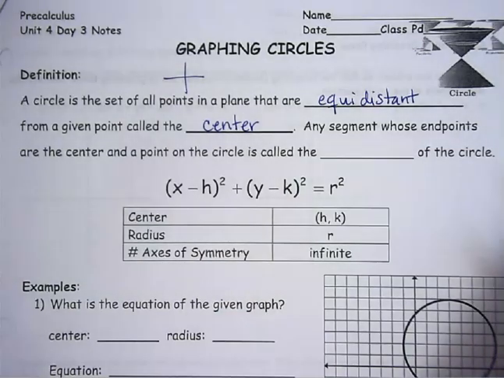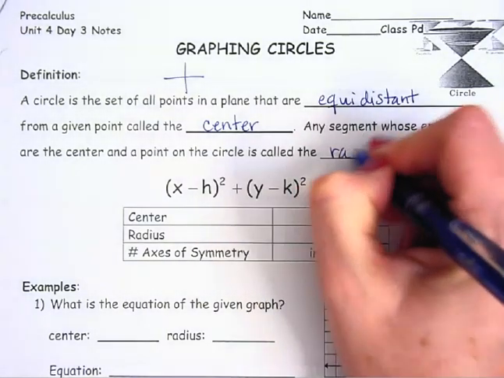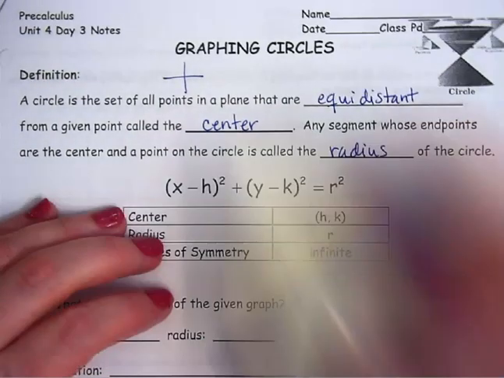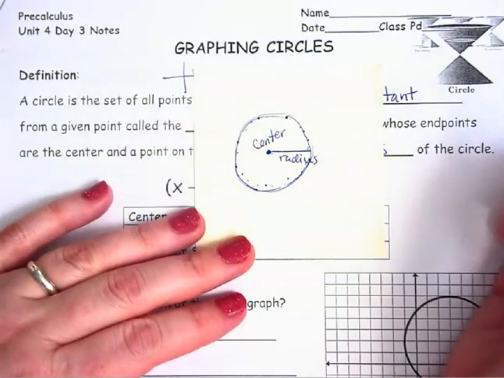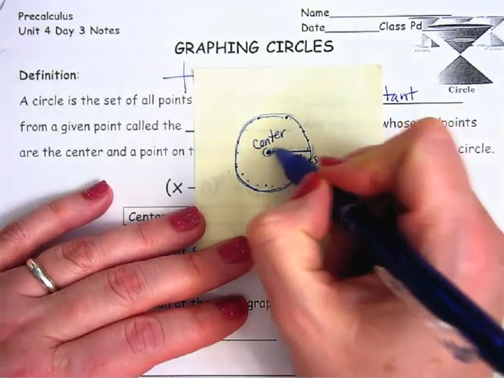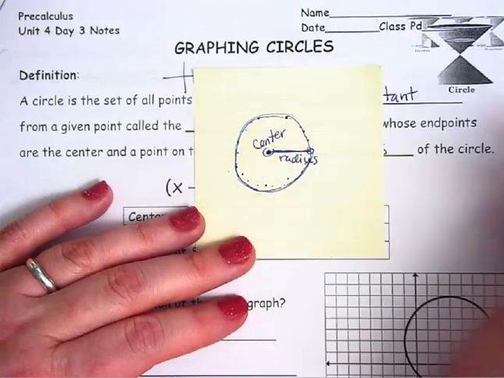Any segment whose endpoints are the center and a point on the circle is called the radius of the circle. So any segment, so a segment is a portion of a line, whose endpoints are at the center and on the circle is the radius of the circle.